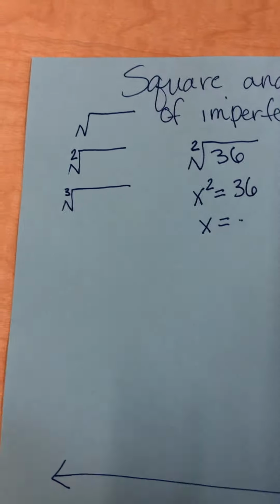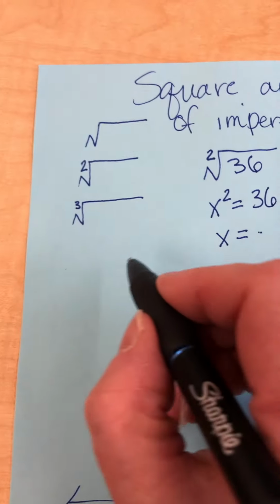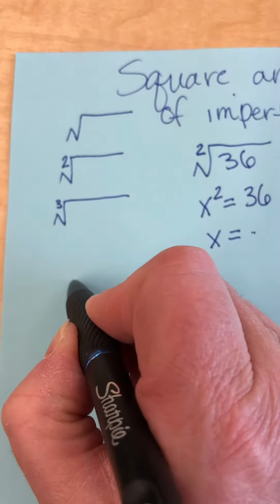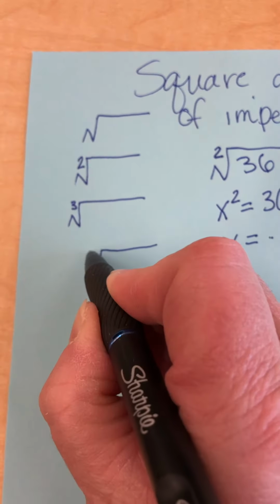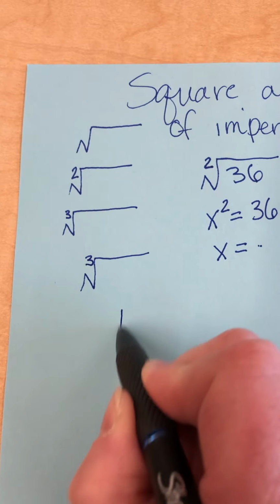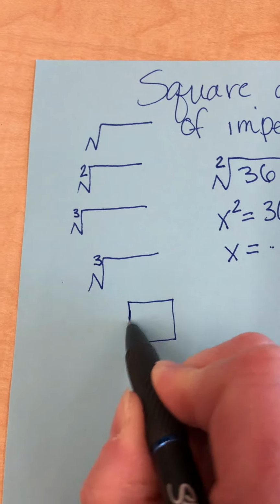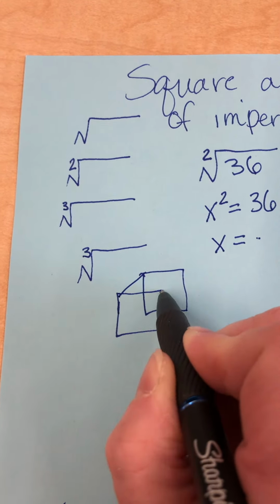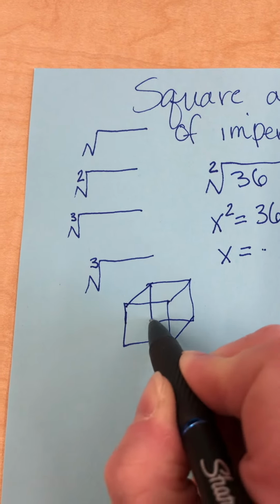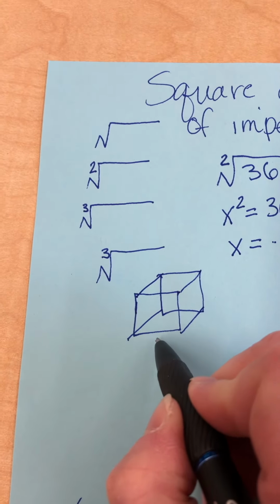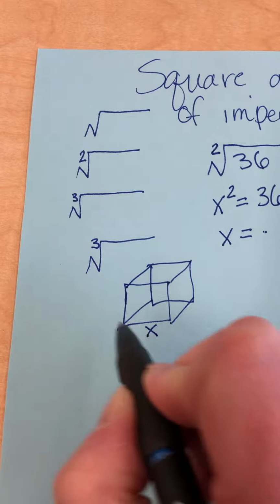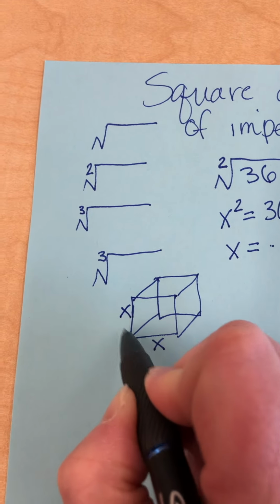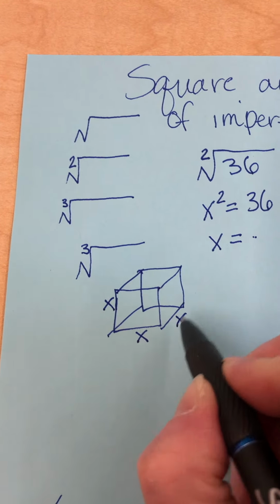All right, when we have cubed roots, let me write it over here. So if we have a cubed root, you are physically looking for a cube. And the lengths of the sides, so you have a length here, you have a length times width times height.